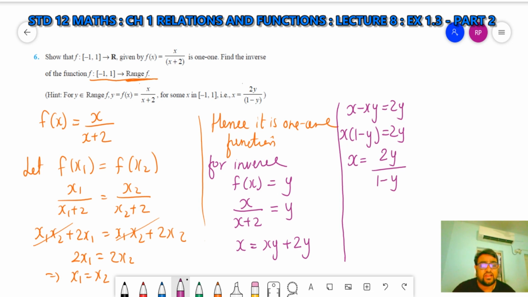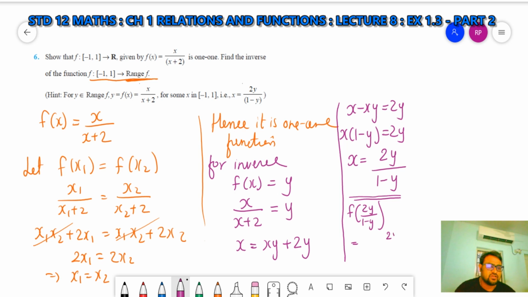So if I have taken f(x) = y, that means x/(x+2) = y, and then I found the value of x. Clear? So this will be the inverse. I can also verify it this way: f(2y/(1 - y)).